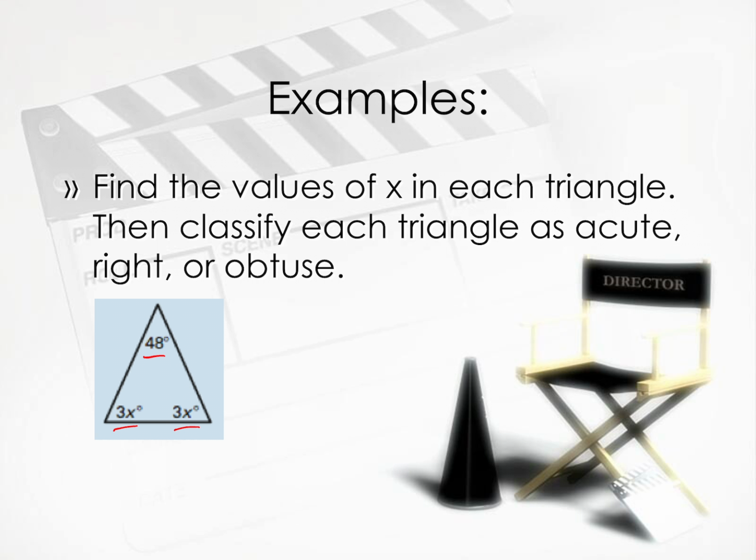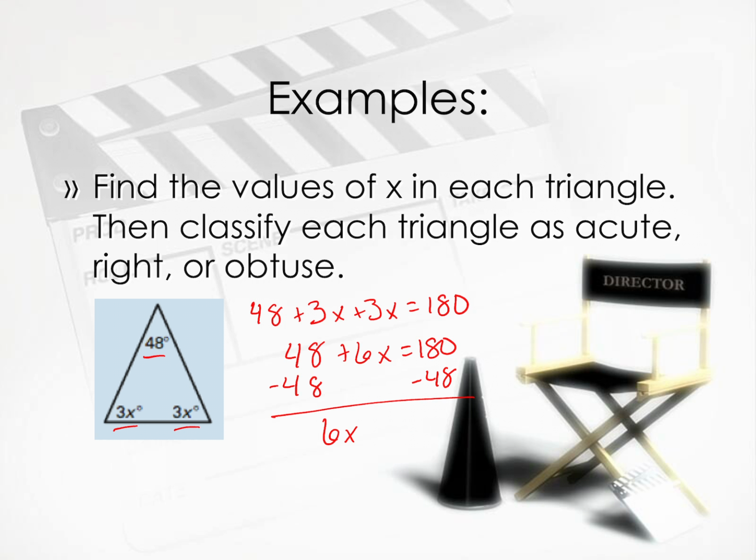So we're going to take 48 plus 3x plus 3x, and those have to equal 180, and then we'll solve this for x. So this would be 48 plus 6x equals 180. Subtract the 48. So 6x equals 132. Divide by 6. So our x is going to be 22 degrees.